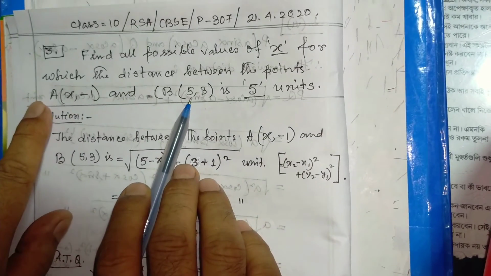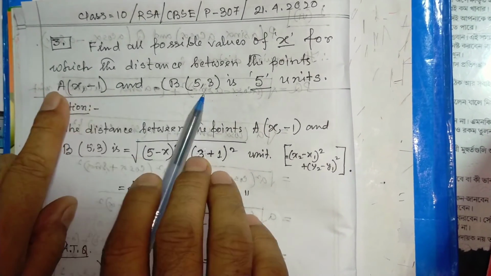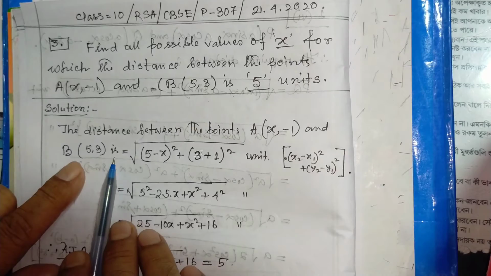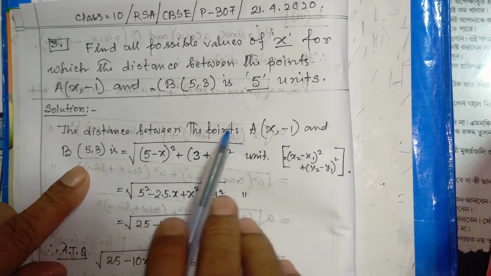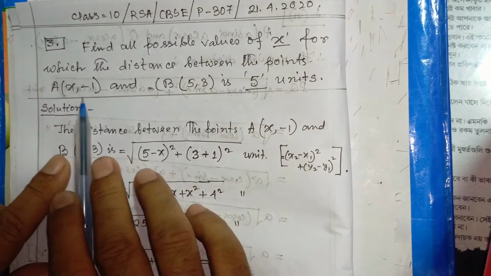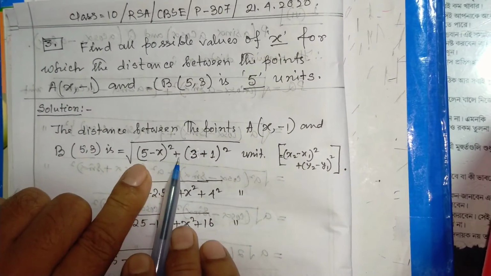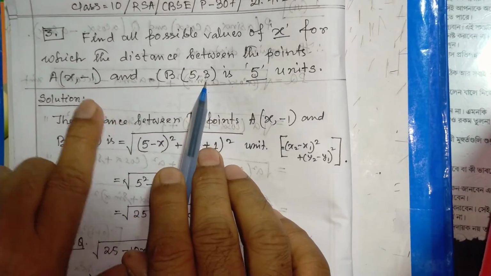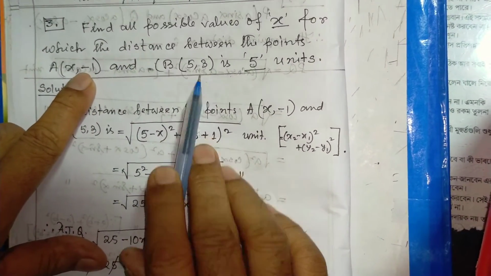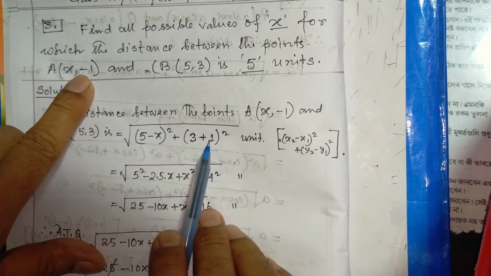At first I want to find the distance between these 2 points. The distance is root over x2 minus x1 whole square. x2 means 5 minus x whole square plus y2 minus y1 whole square. y2 means 3, y1 means minus 1. Minus and minus, it will be plus.